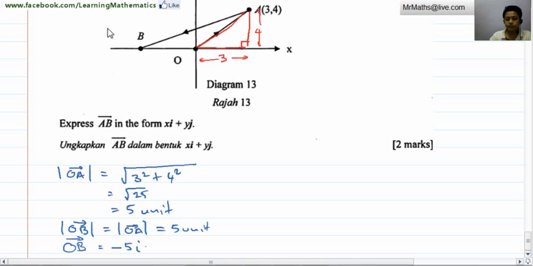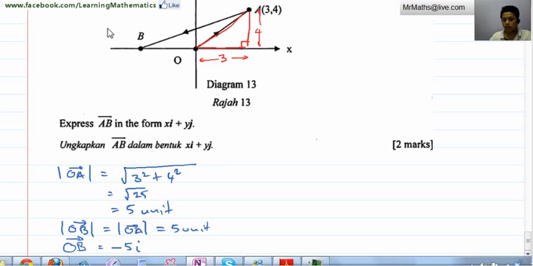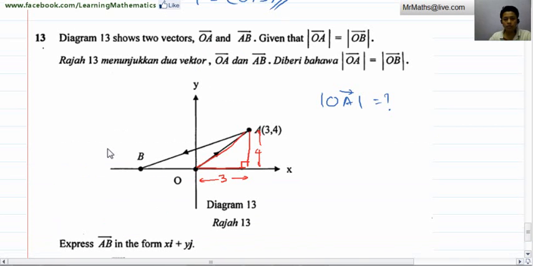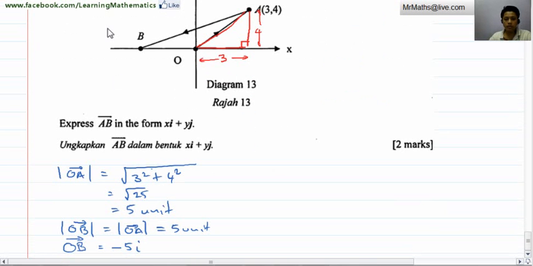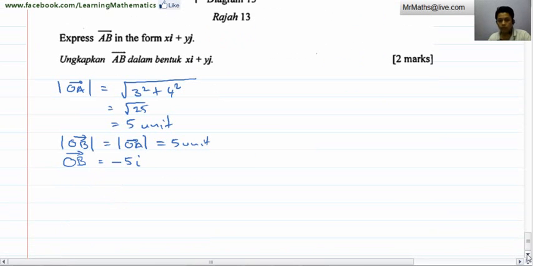Alright. Then next, because you want to find AB, AB is equal to AO plus OB.